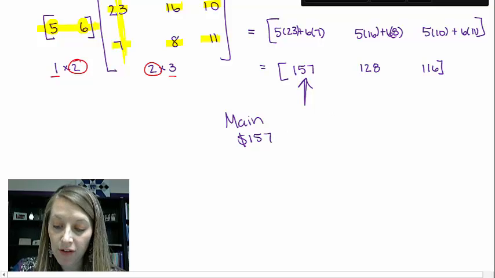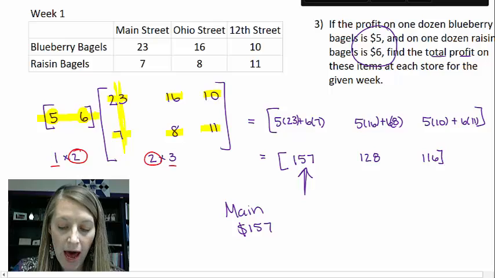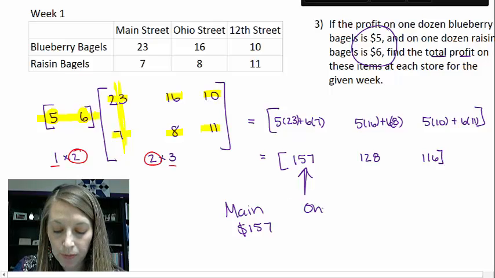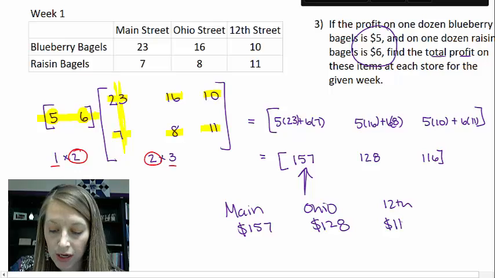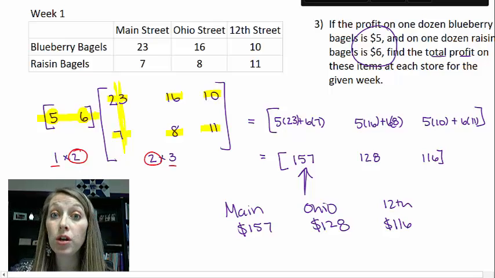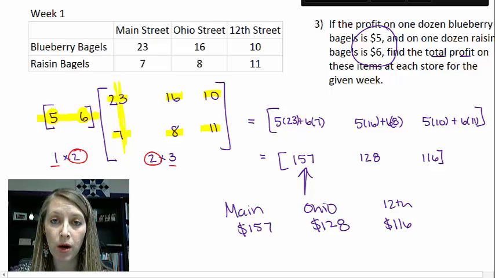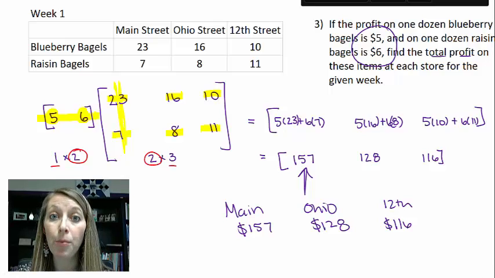My total profit at the Ohio Street store was 128. And my total profit at the 12th Street store is $116. And those are cumulative profits for both types of bagels, both the blueberry and the raisin bagels, all put together. So this one just tells us the profit at each store.